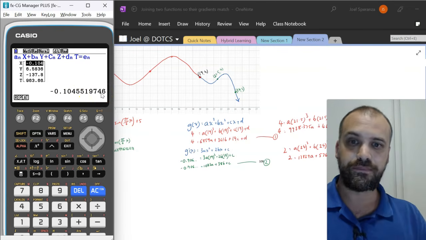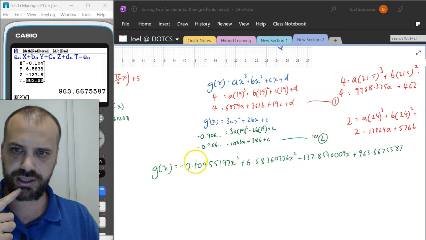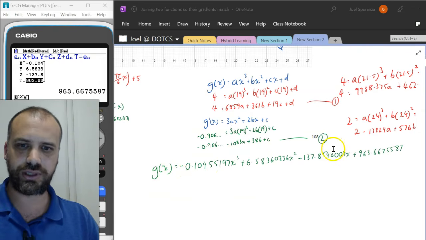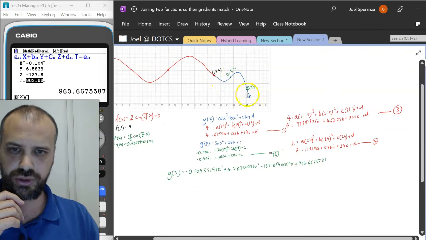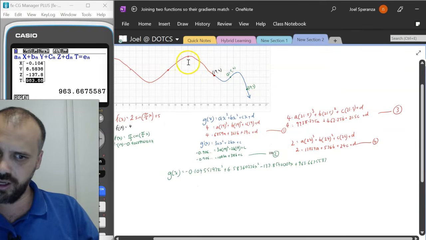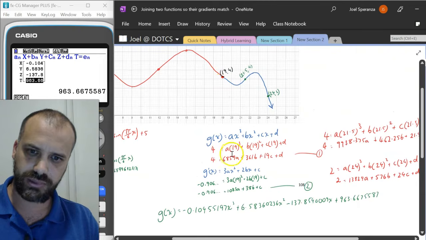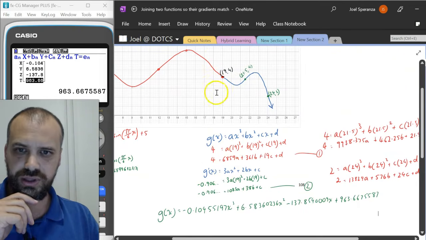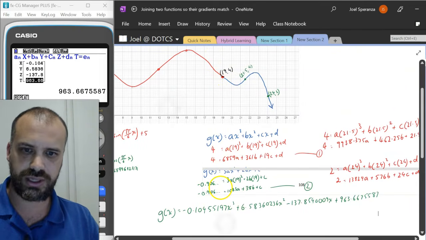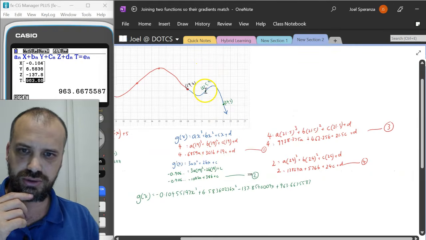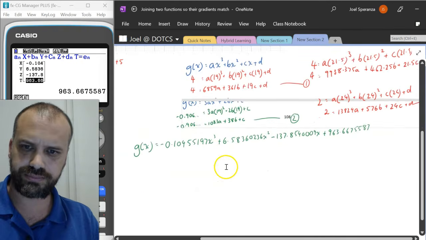This value, it'll line up. It looks ridiculous, but this is my final answer. What is that answer? It's a blue cubic that meets the red trigonometric function at 19.4, because that's what I had there, with the same gradient at 19.4, that's why this equation was here, and passes through this point and this point, 2 points that I've chosen.